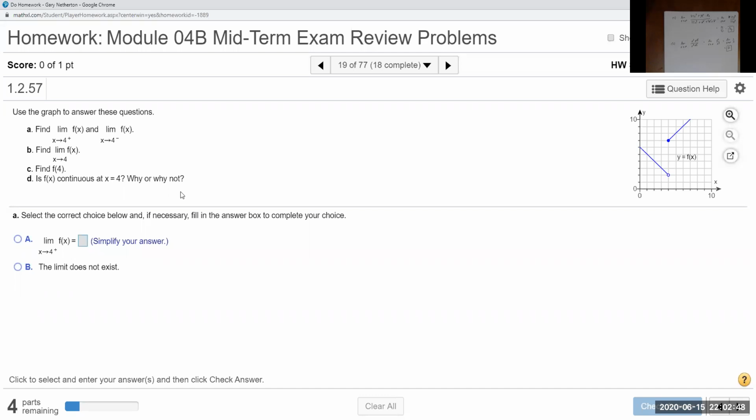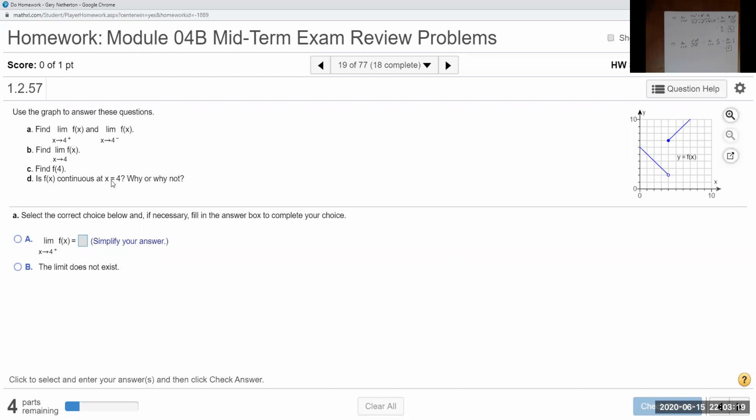Now, once again, I made YouTube videos on checking for continuous functions, but what has to happen is it's really a 3-step process. Essentially, what they're doing is checking to see if the function is continuous at x equals 4. Let me explain the theory, and then we will look at the graph, and you'll see where it should all make sense.